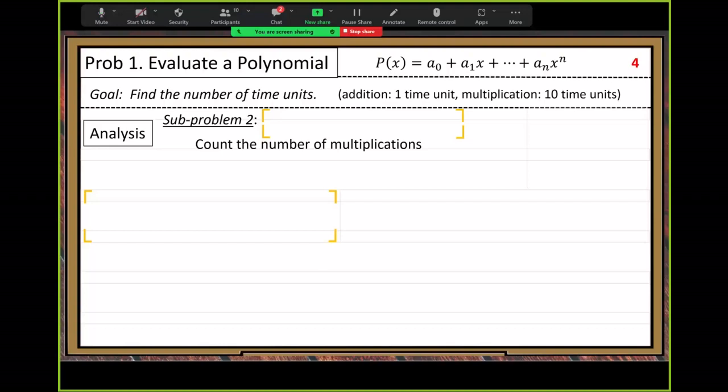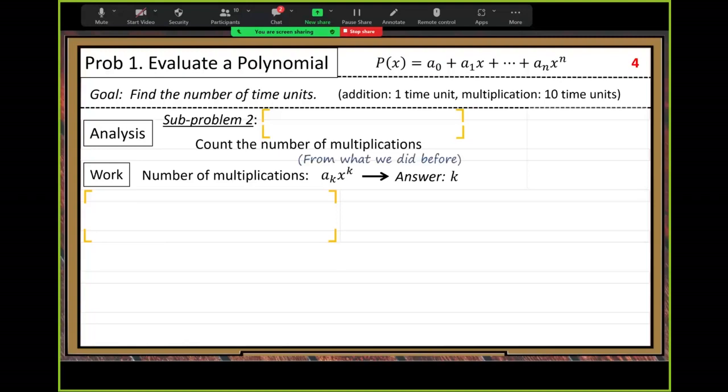So this time, let's do the counting work. Based on our discussion in Monday's class, we know there are k multiplications for this typical term.